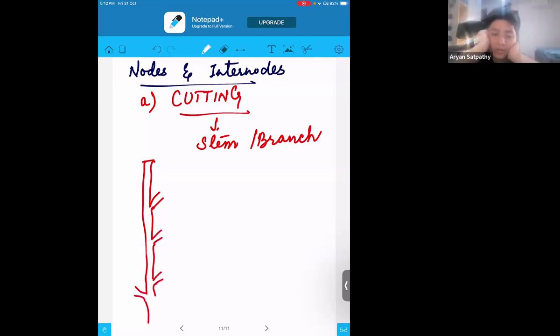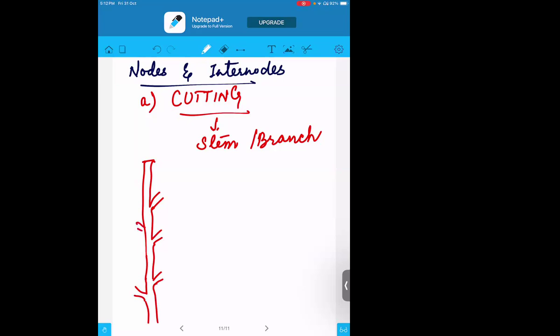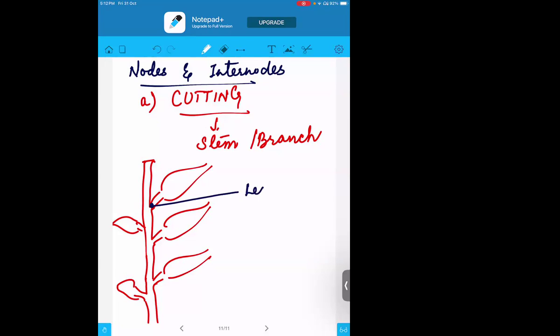The point where it grows, that's the node. Now, this place, which I'm going to mark with blue, the place from where the leaf or the branch comes out, is called a node. So this point, this point, this point, they all are nodes.